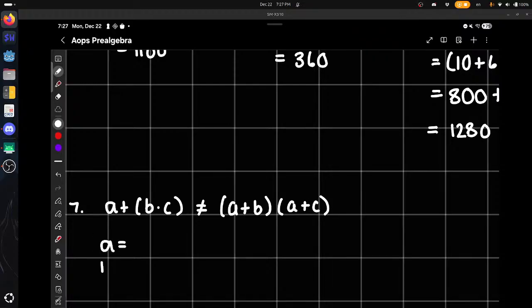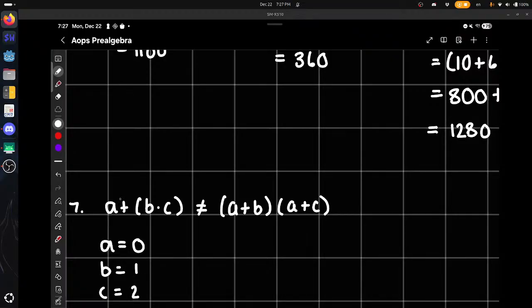So what can this be? What can that be? And what can this be? 0, 1, 2.